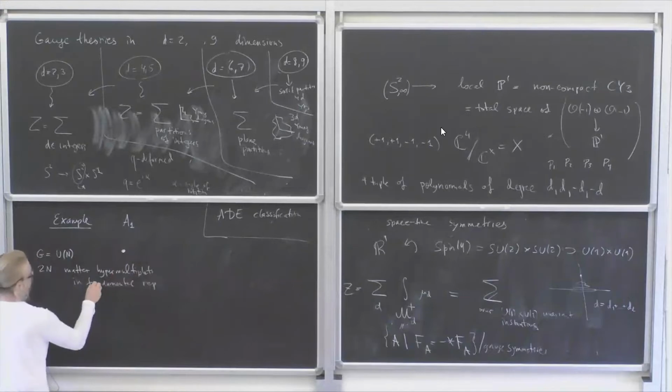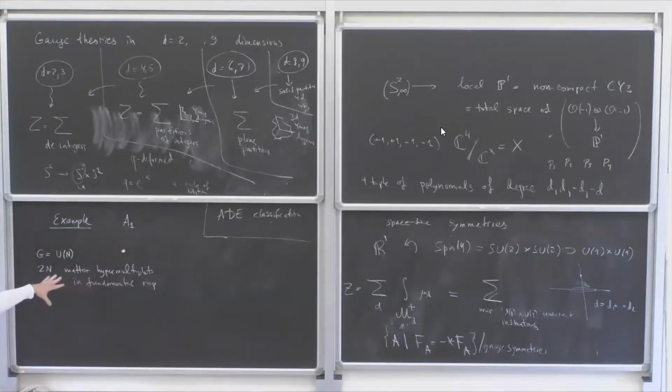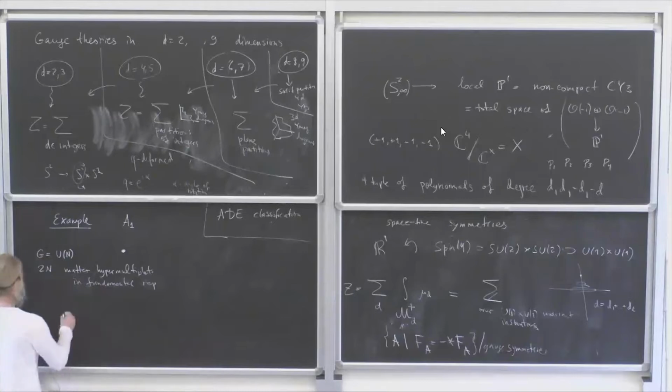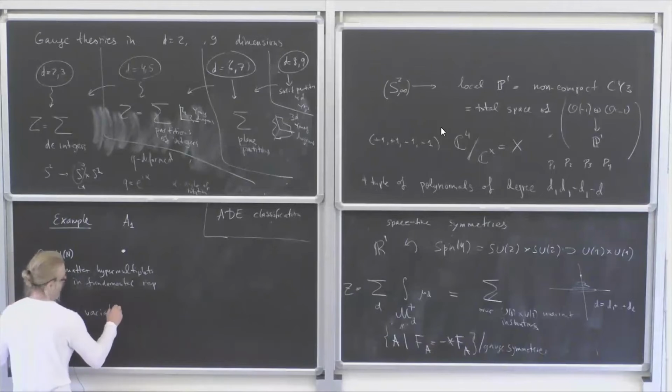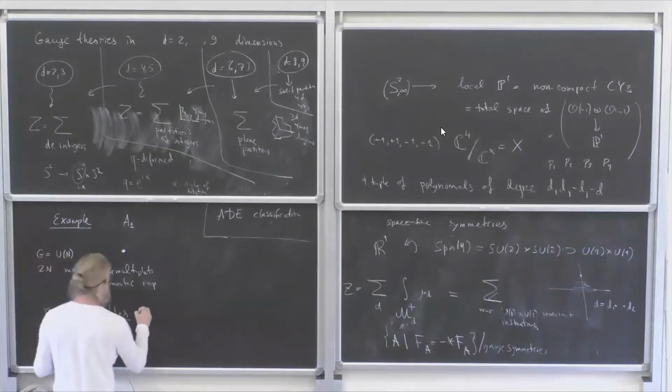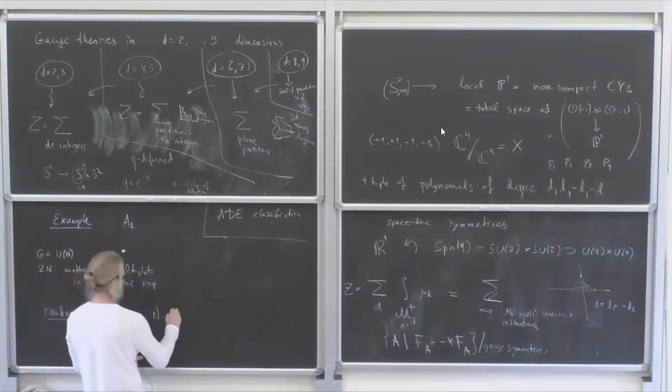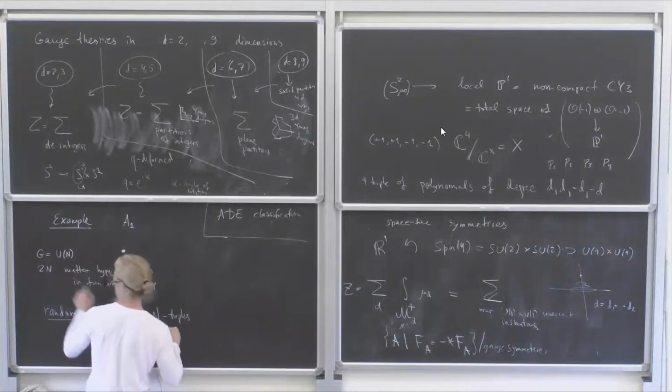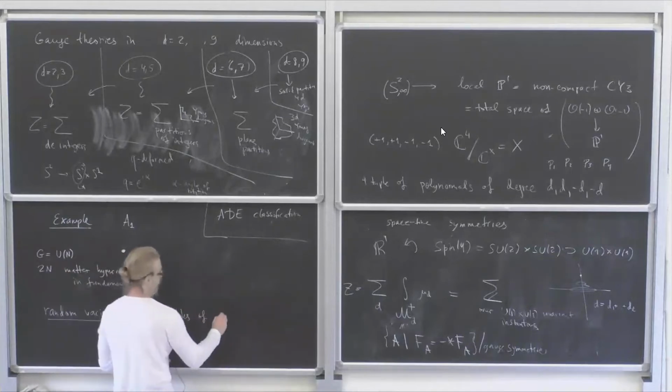You don't need to know what this is for me to introduce the model. So the model is, the random variables are N-tuples, this N, of Young diagrams.